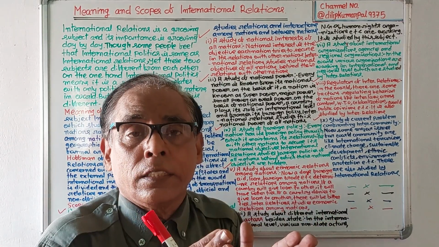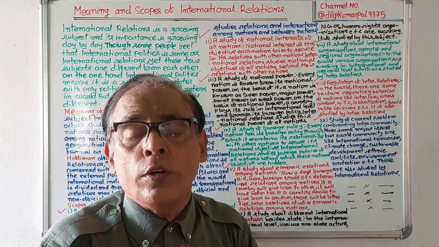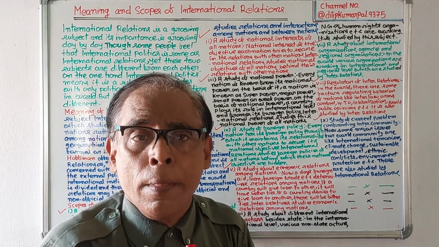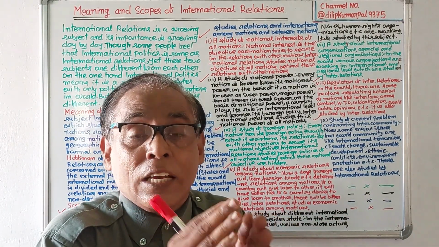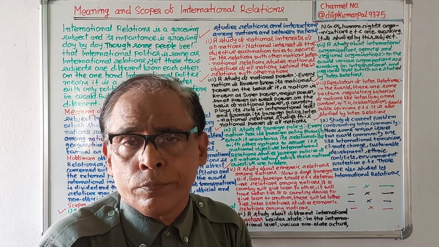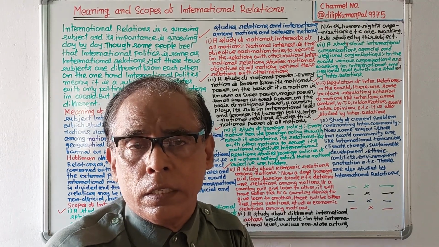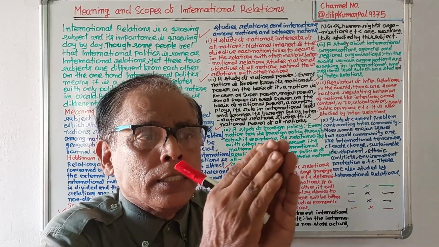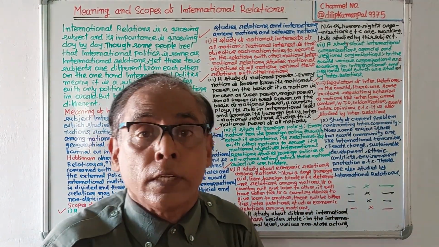International agencies like the International Monetary Fund, ILO, International Labour Organization, World Health Organization, etc. And there are also various regional organizations like OAS, Organization of American States, OAU, Organization of African Union, SAARC. So international relations studies international organizations as well as regional organizations.